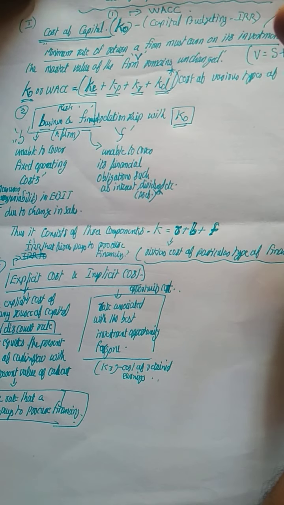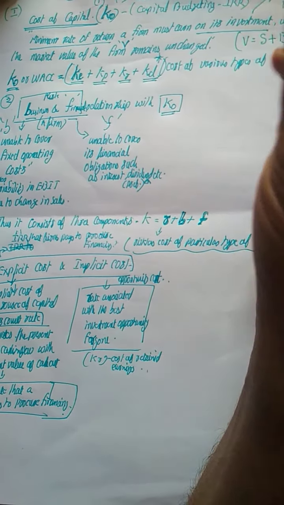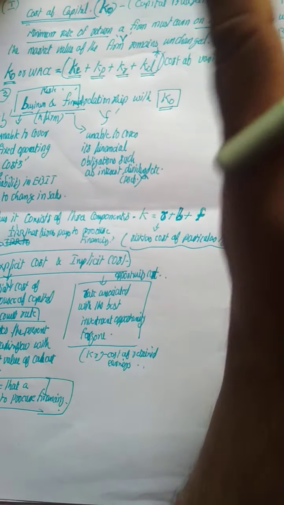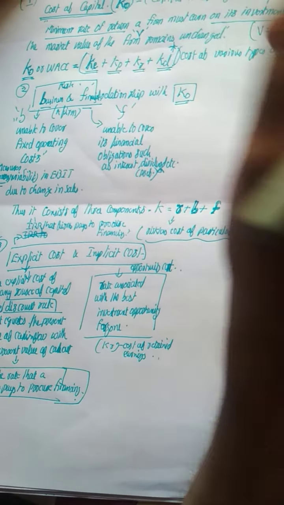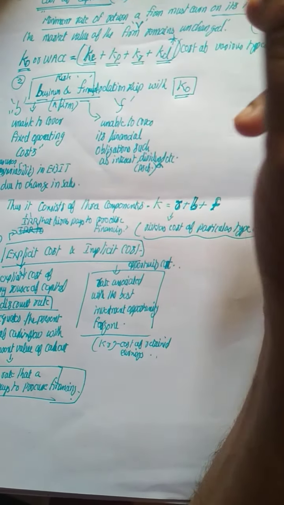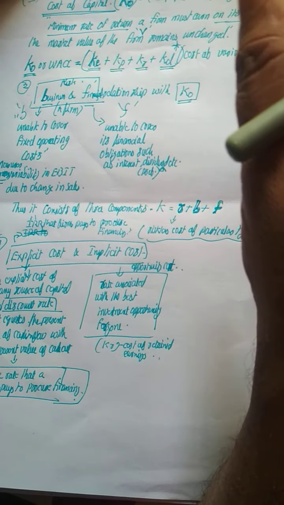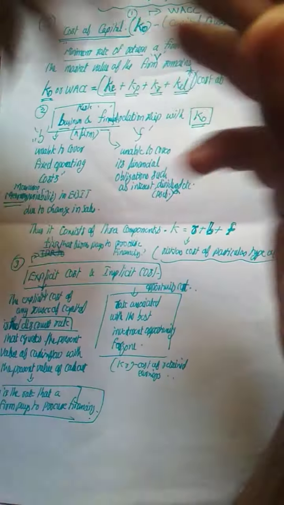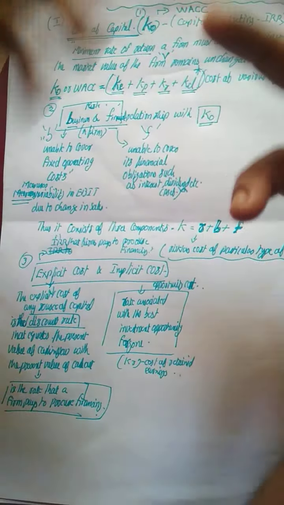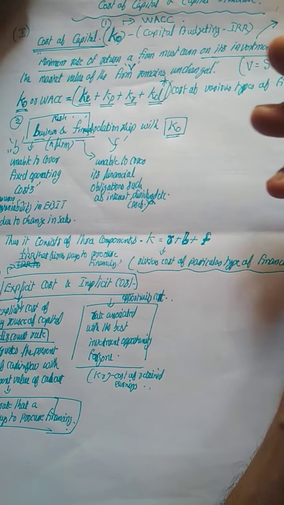How does it happen? Because there will sometimes be a change in sales. We will not get expected sales. Shortage of sales will be there. In such cases, the EBIT, earnings before interest and tax of the company, will come down. If it comes down, what will happen? The company will not be in a position to meet its fixed operating expenses like interest and other fixed costs.